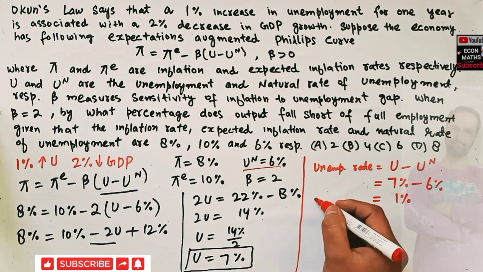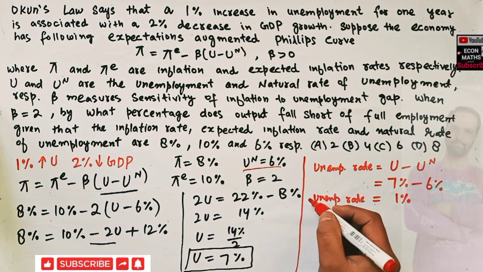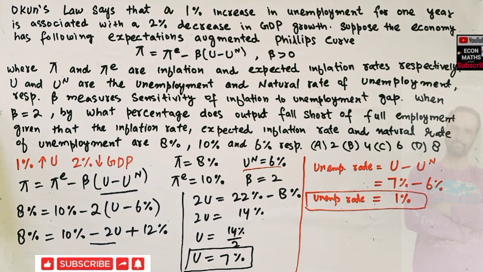So we have unemployment gap equal to 1%. And what is the relationship between unemployment rate and GDP, which has been given to us in the question per se.